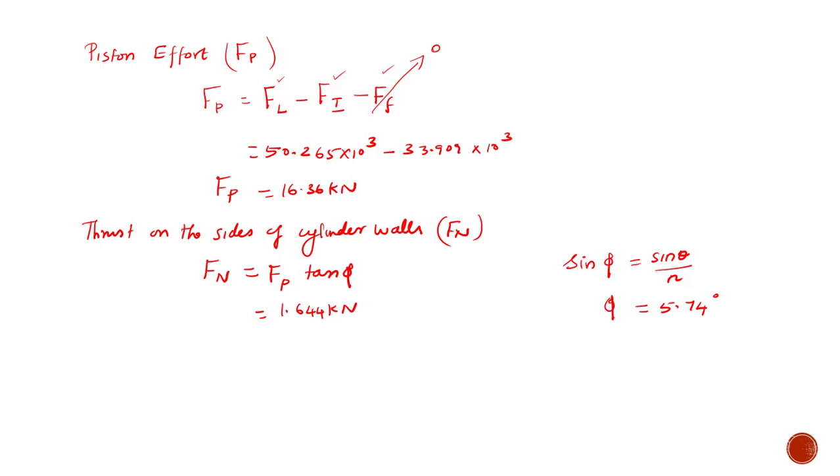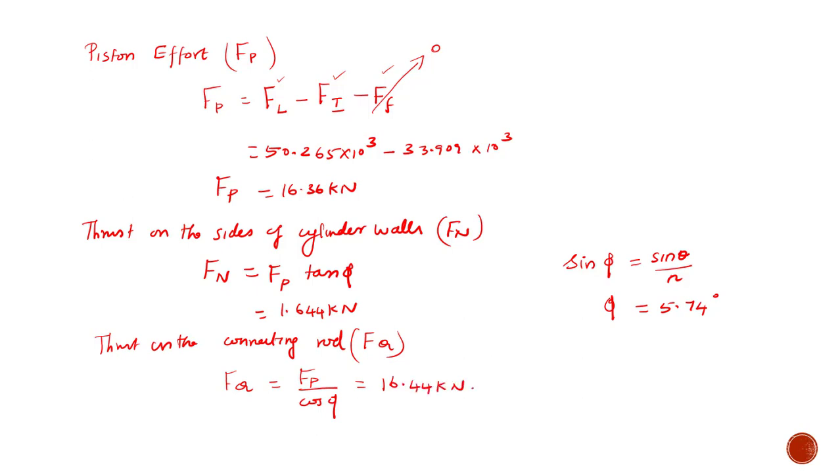The next thing we calculate is the thrust on the connecting rod, which is FQ. The formula to find FQ is FQ equals FP divided by cos phi. Here also we know the FP value and phi value, so straight away we can write the answer, which is equal to 16.44 kilonewton.